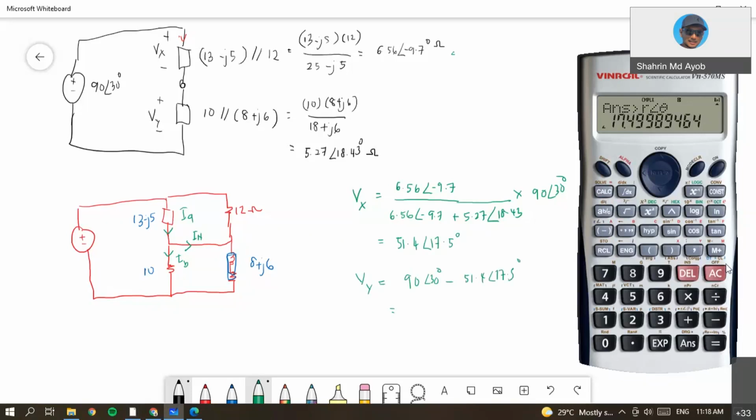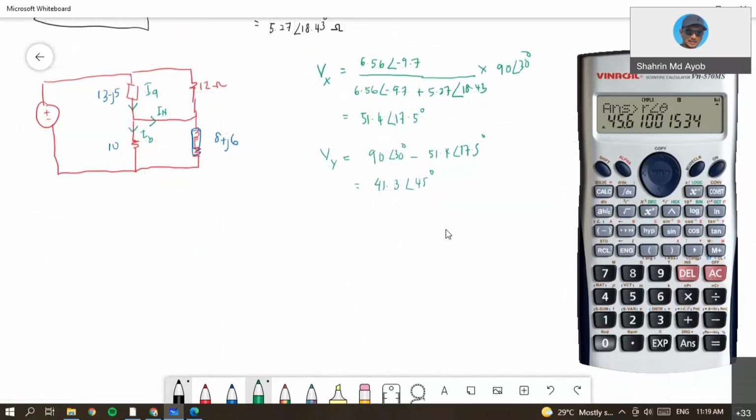Because it is series, 90 angle 30 minus 51.4 angle 17.5. Convert into polar, so 41.3 angle 45. After that, I can calculate my IA.